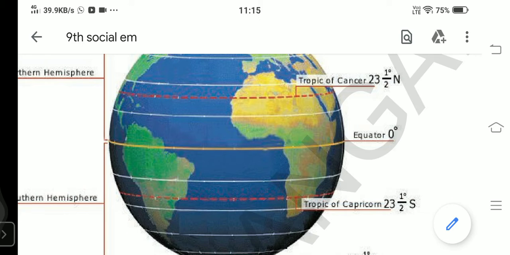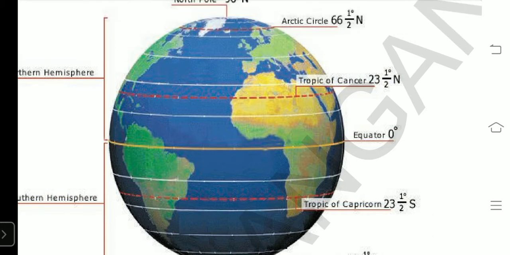In that way, for 15 longitudes, it is 1 hour. And in our India, from the Rann of Kutch in Gujarat to Arunachal Pradesh, 30 longitudes are passing. So a 2 hour time difference will be there in India.